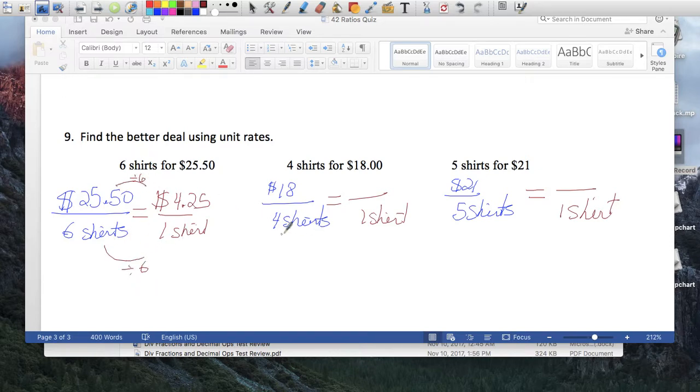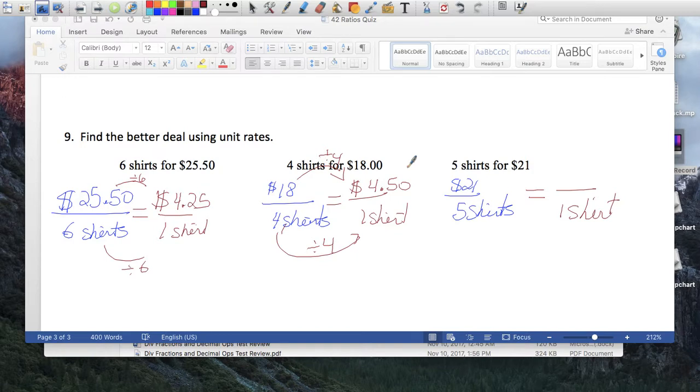Divide by 6. Over here, the 4, I'm going to divide by 4, right? Make an equivalent ratio. I'm going to divide the top by 4. And 18 divided by 4 equals 4.5. So each t-shirt in this place costs me $4.50.